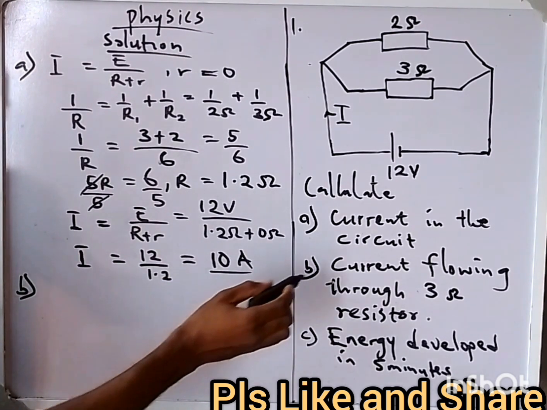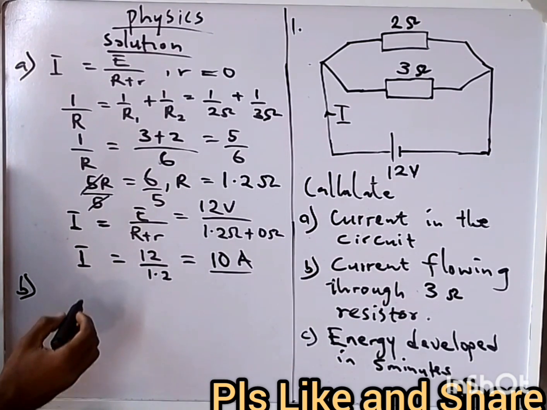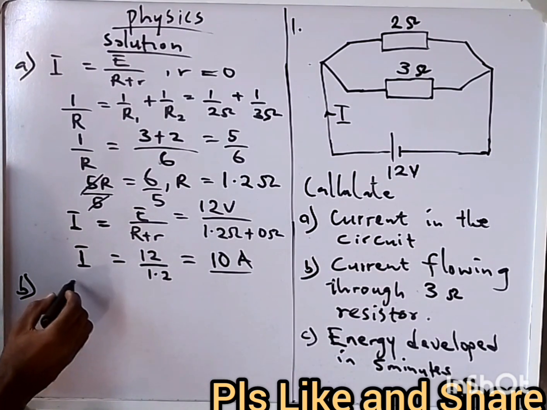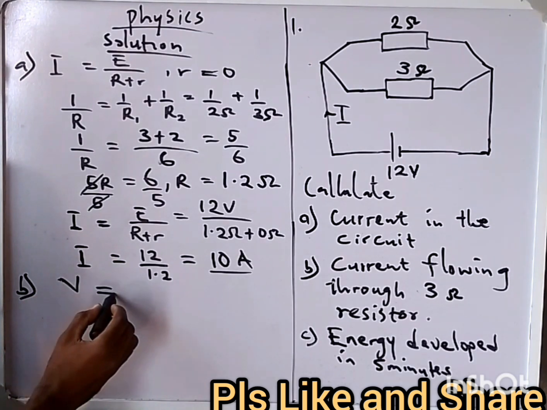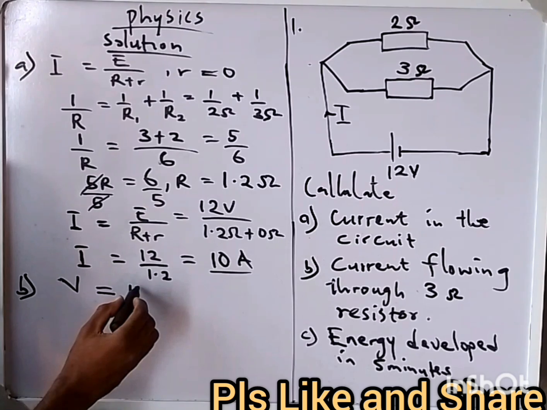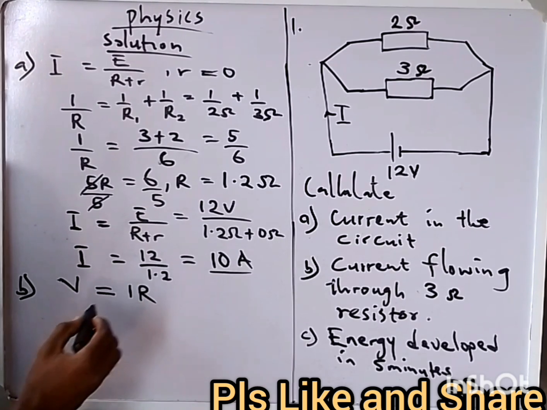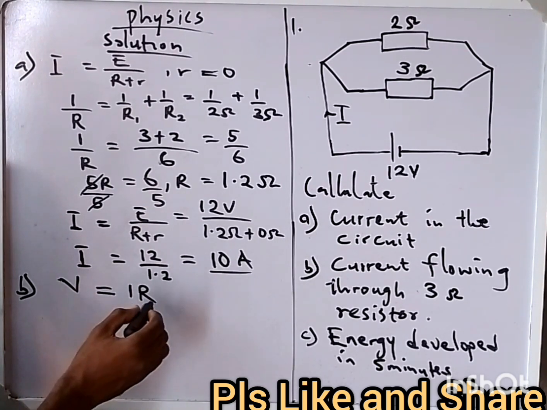So we are going to look for, say, the current flowing through the 3 ohm resistor. So we use Ohm's law. Ohm's law states that the potential difference is equal to current multiplied by R, the resistance of the resistor.